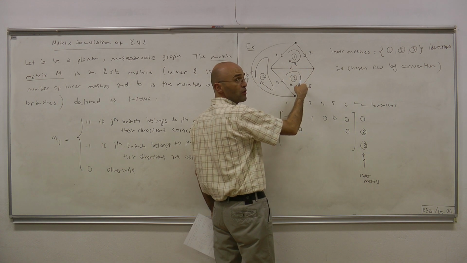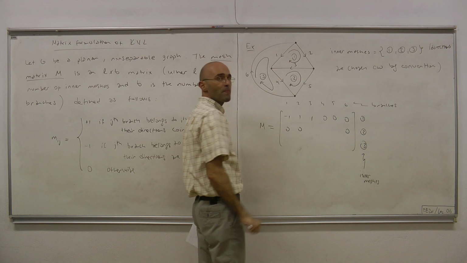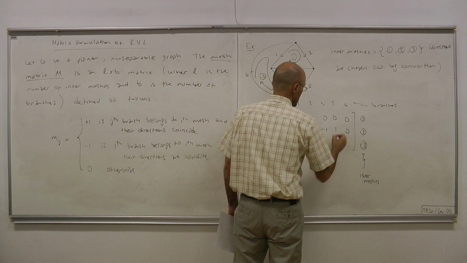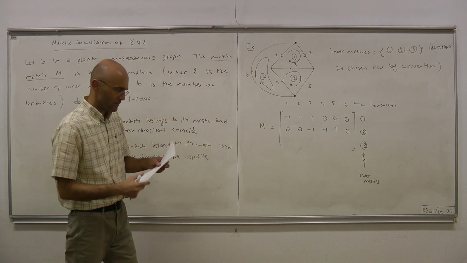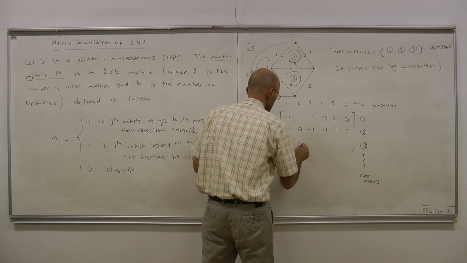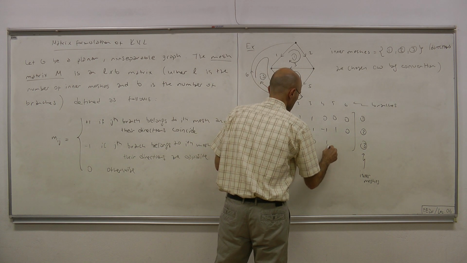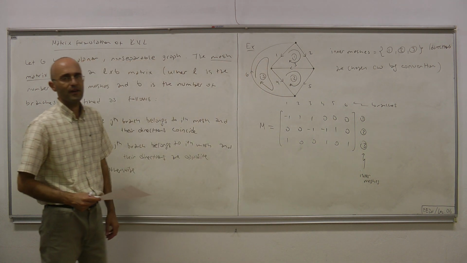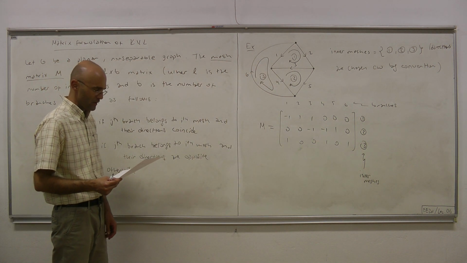It's in the same direction with branch 5, and it opposes branch 4. Therefore, -1, -1, and +1 are the entries. And finally, for the third mesh, we have 1, 0, 0, 1, 0, 1. That's how we construct the mesh matrix.